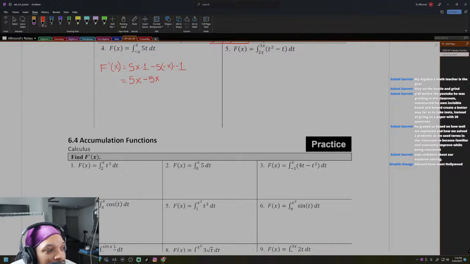That's what I'm getting. I think 5x minus a positive 5x. So that's 0. I want to check that one. That one looks weird, from negative x to x. Actually, no, that does make sense. Yeah, it adds up, I think.